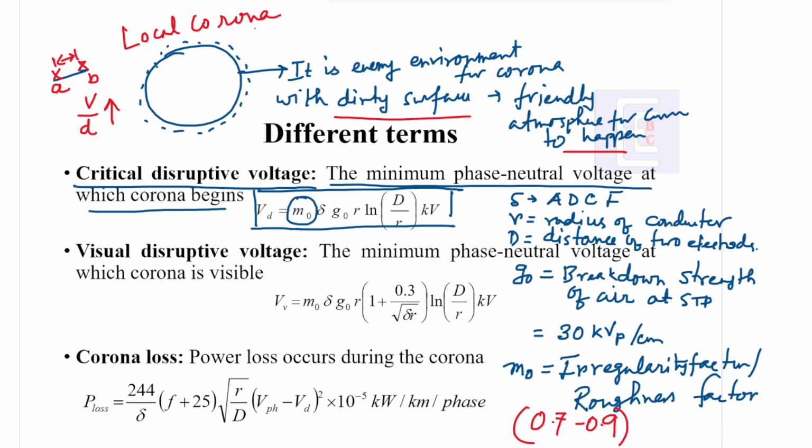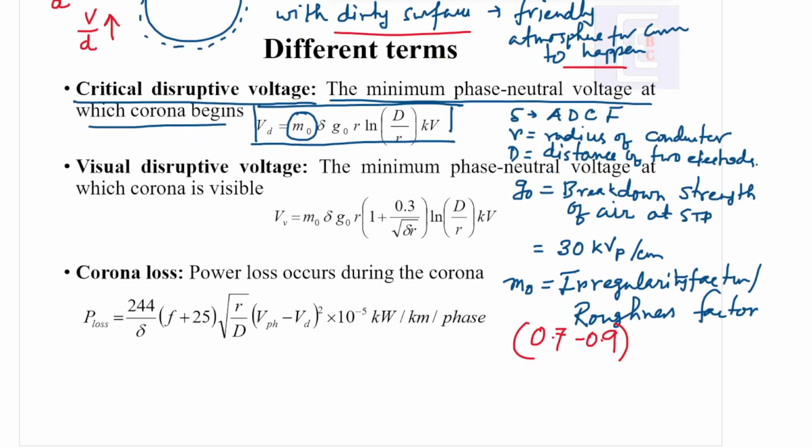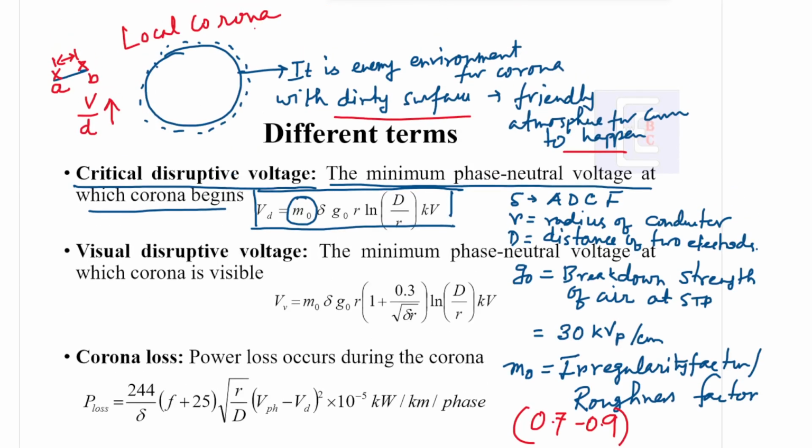That means you require only 70 to 90% voltage in contrast to the clean surface. So you require 20 or 30% less voltage to break the gap. That is the meaning. So the conductor surface should be clean.